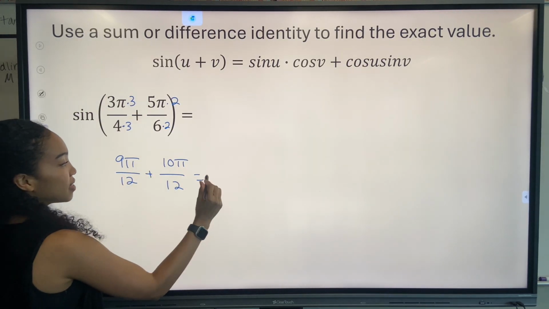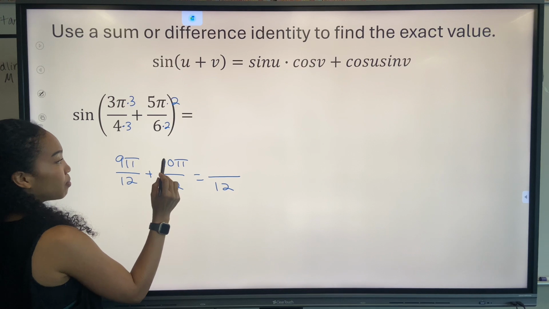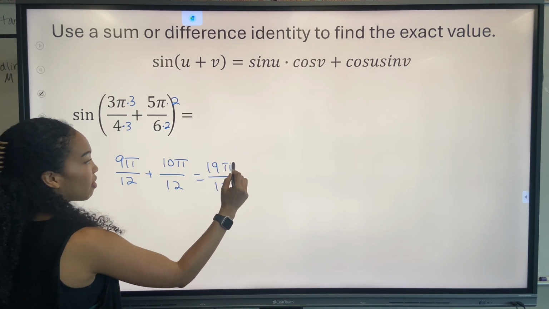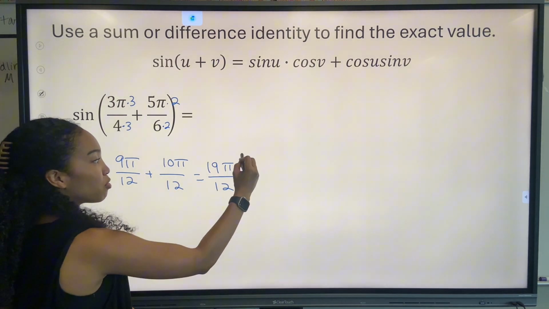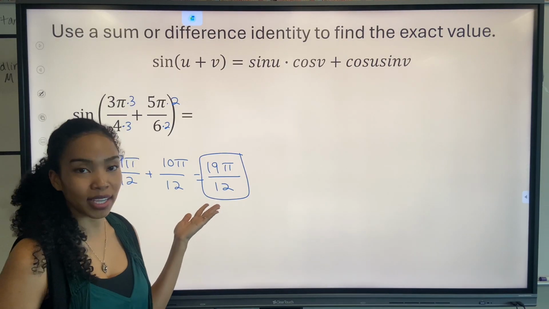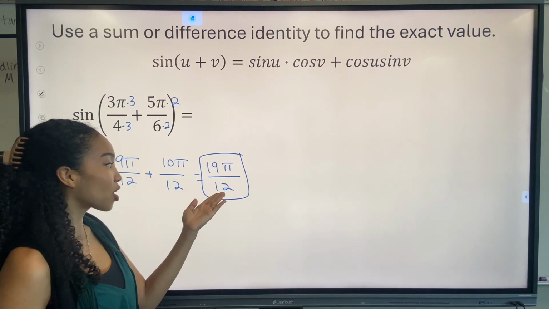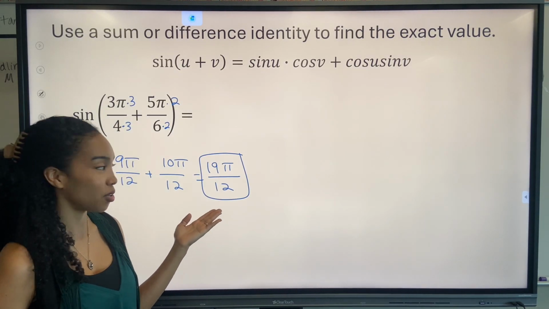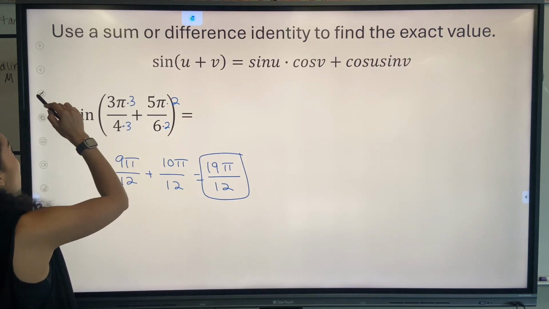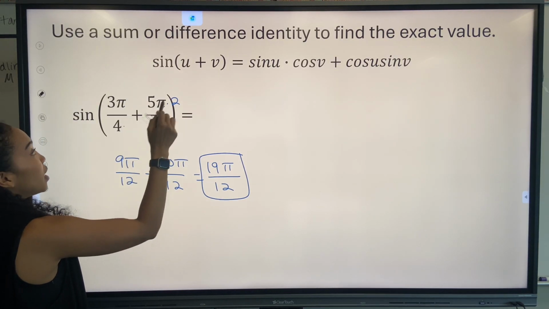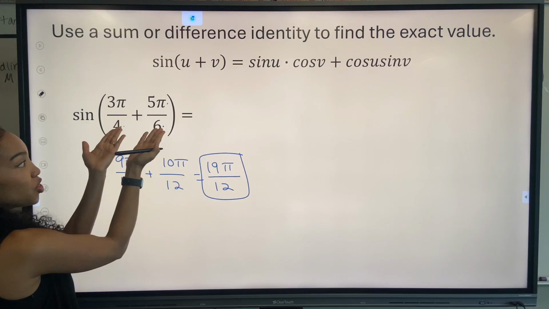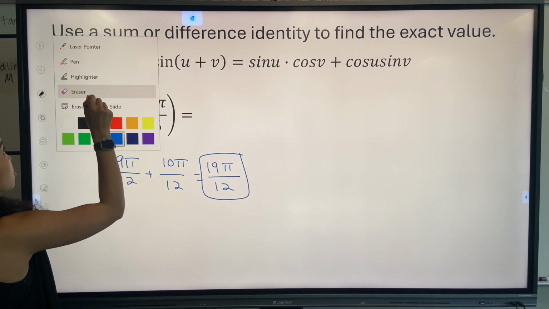And then you can add these together. 9 plus 10 is 19, we have pi. So 19 pi over 12, this is not an angle that is known. This is not a common angle on the unit circle, okay? So what we're gonna do is we're splitting it into 2 angles that are on the unit circle. So let's solve it.